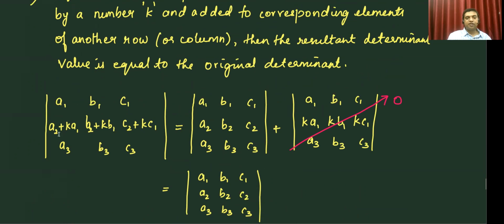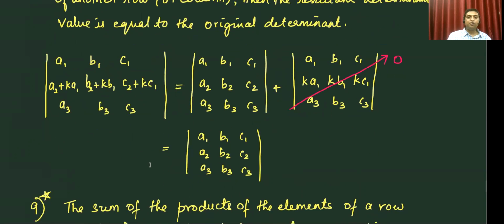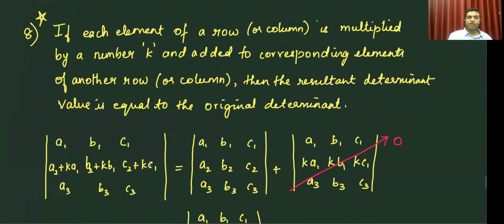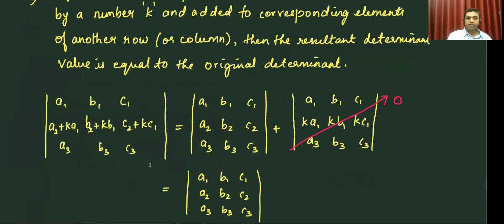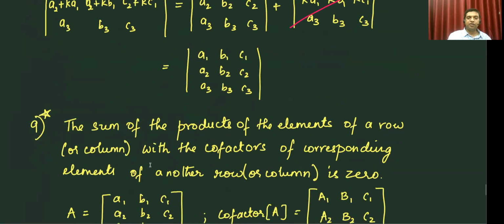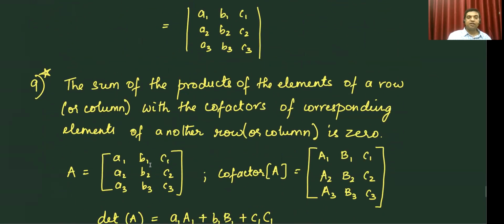So here the second row is transformed to a2 plus k times a1, b2 plus k times b1, c2 plus k times c1. By this, the determinant value does not change. So when you add equimultiples of one row to another row, the determinant value does not change.